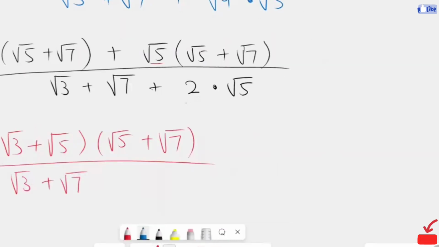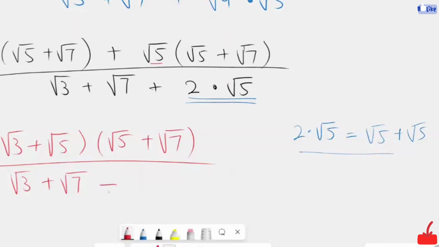Now here we have the solution for this. 2 times root 5 we can write in this form, root 5 plus root 5. So I will write this in replacement of this, plus root 5 plus root 5.